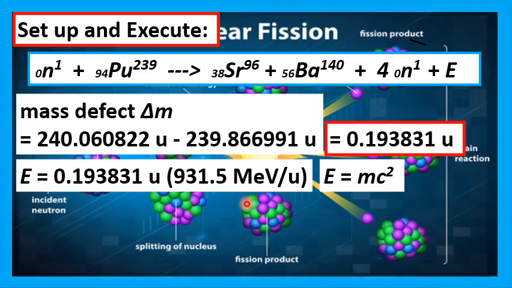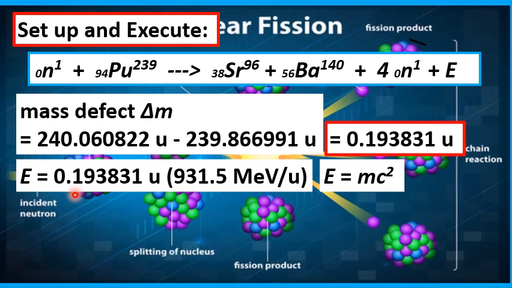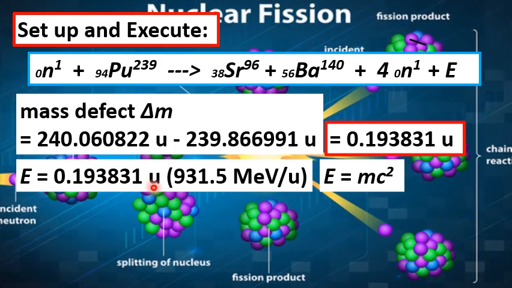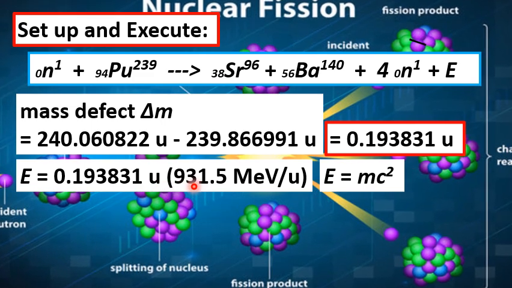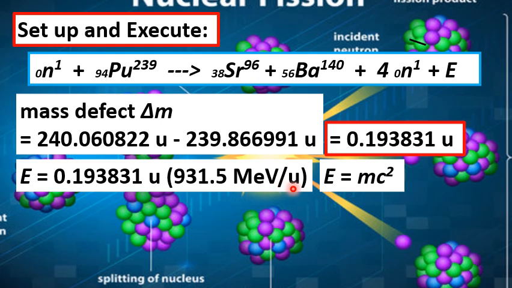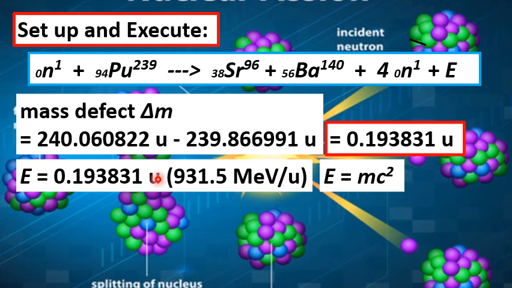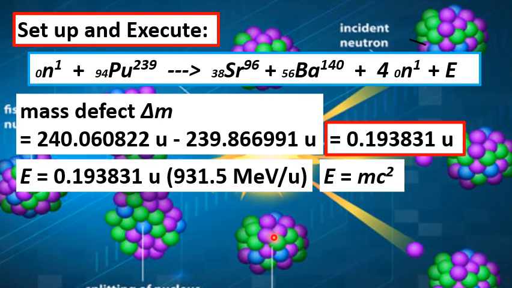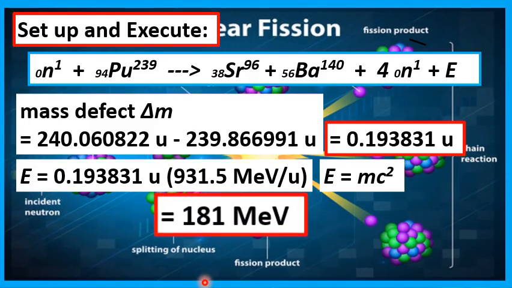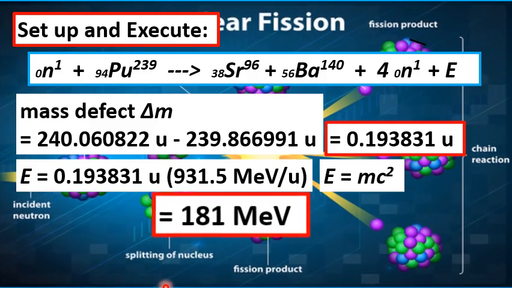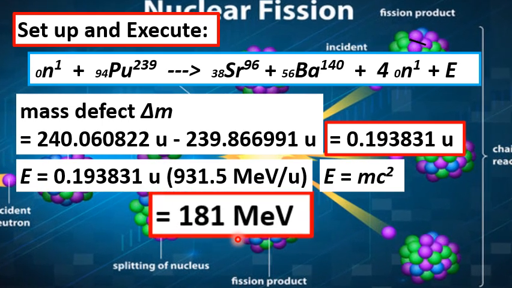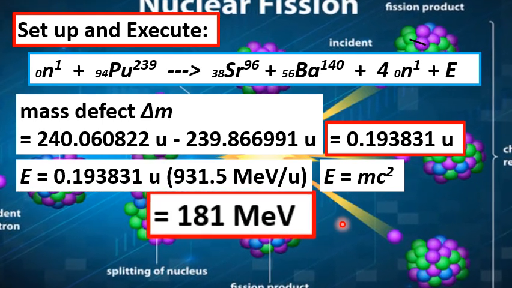So, the energy released equals 0.193831 atomic mass unit multiplied by 931.5 million electron volts. The atomic mass unit cancels out, all right? And we find the amount of energy released by this fission reaction equal to 181 million electron volts, right?